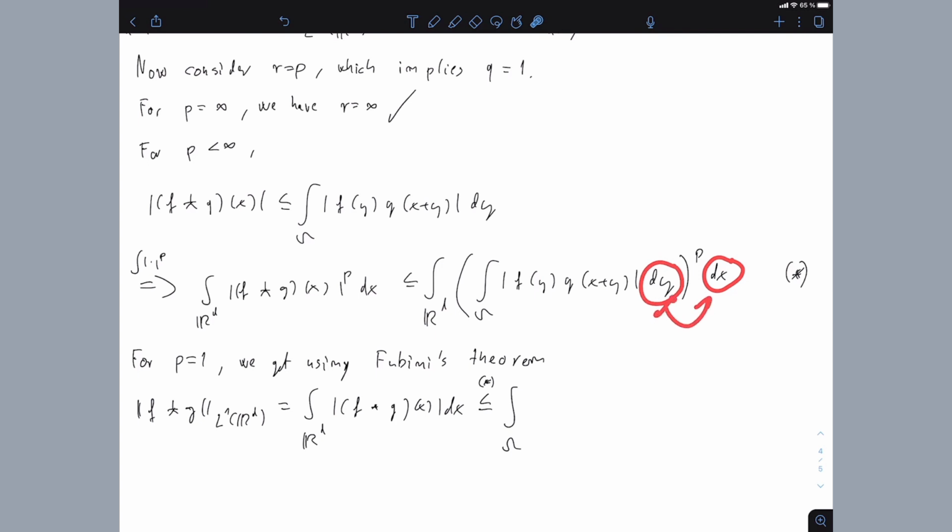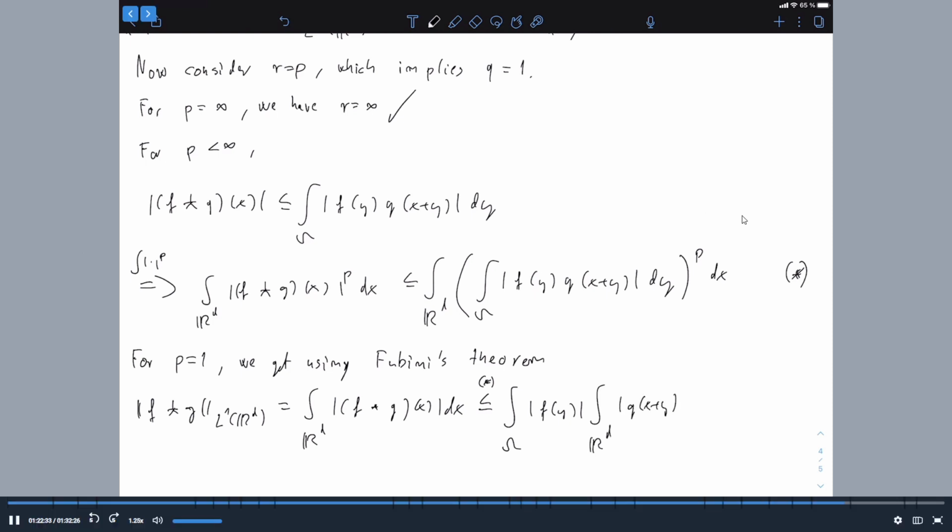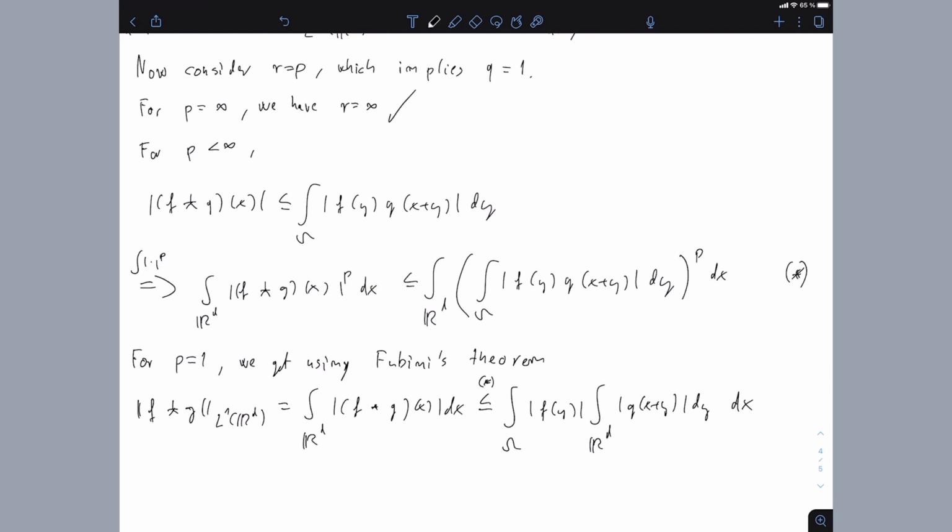So I'm flipping those. And inside there, I'm taking out the f of y from the x integral. No, that's the wrong order of integration.